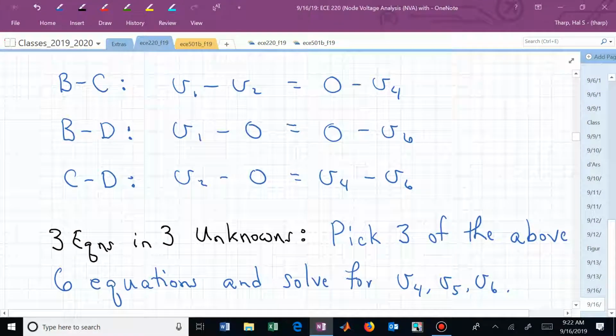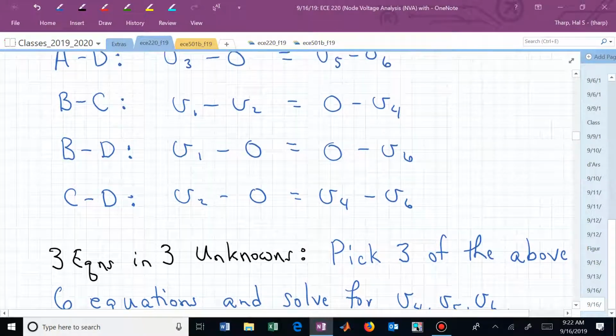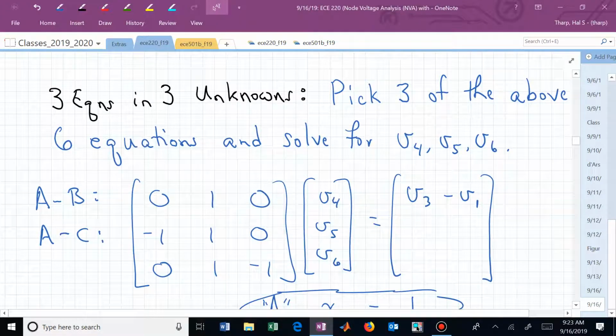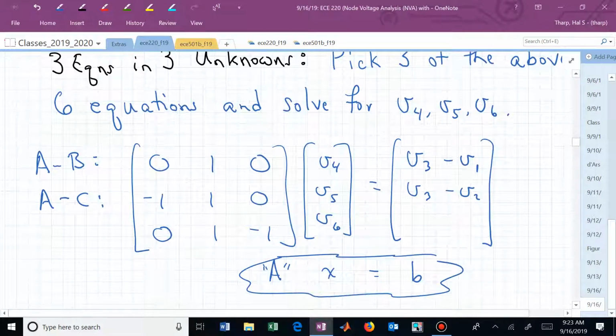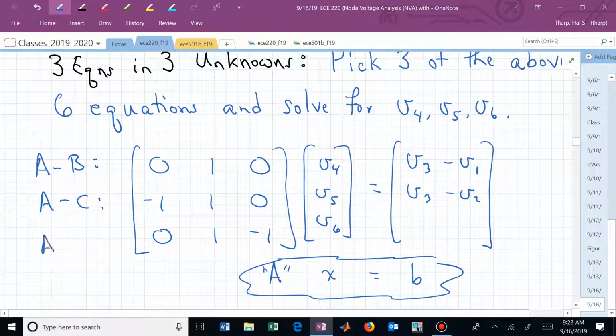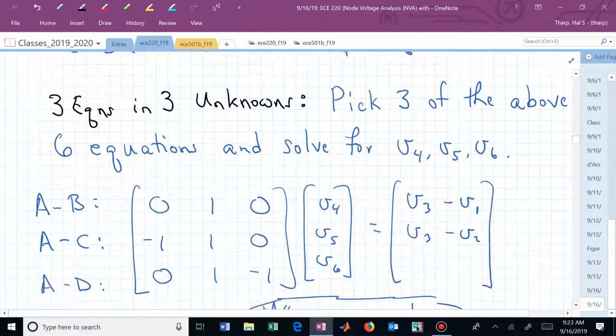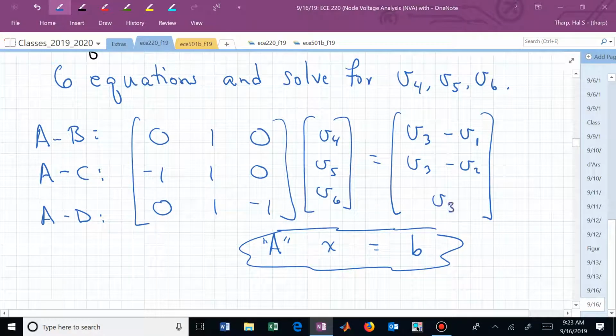And that's equal to, I didn't complete the second row. What's the second row? A to C, that's V sub 3 minus V sub 2. And this is now the A to D relationship, which is now equal to V sub 3.